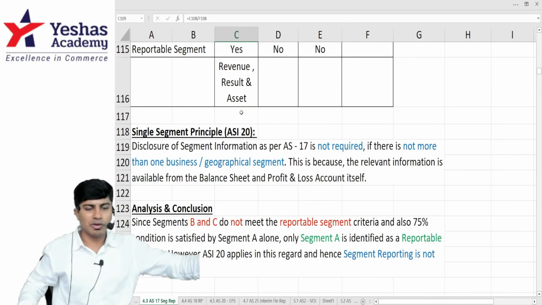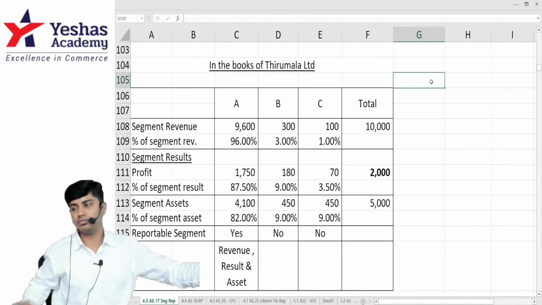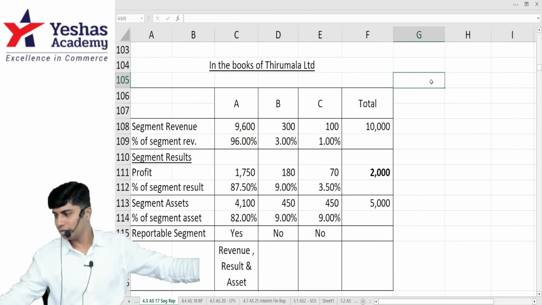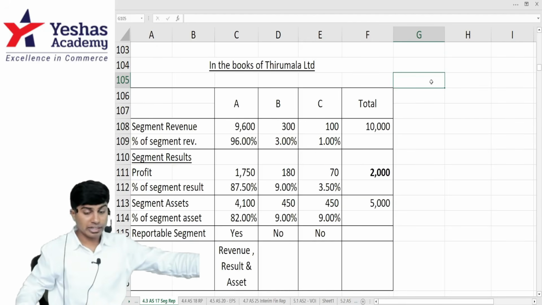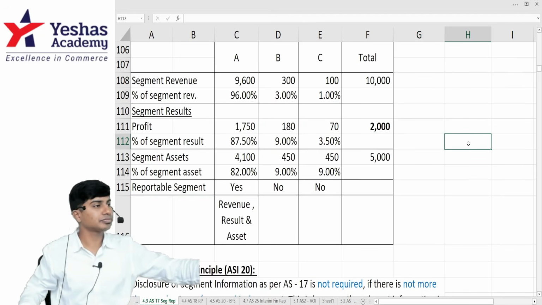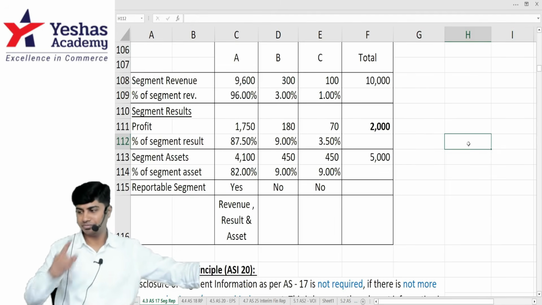I've given the conclusion also. Will you copy this? Quickly, copy. Copy the answer, then copy the conclusion. Rishabh, correct. Single segment. Let me know if you're done. I'll show the conclusion. Done with the table? Anyone copying the table? How many of you are copying the table? Raise your hand. Okay, one minute. Copy quickly. I'll give you a minute.